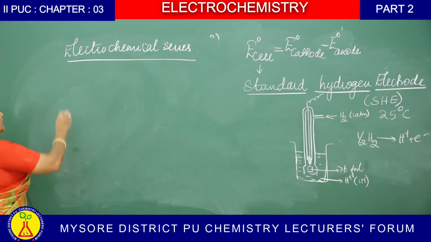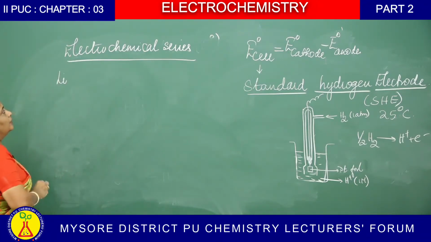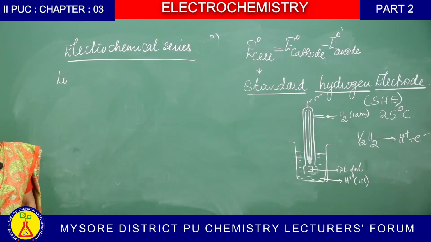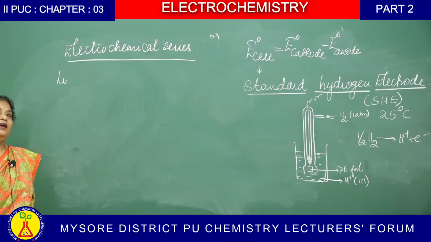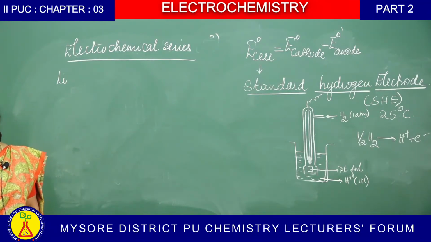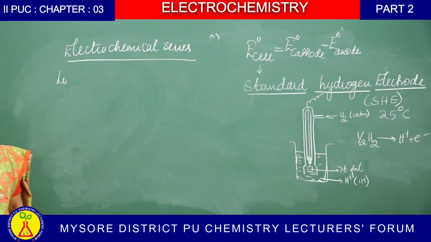Now, in the series, lithium occupies the topmost position, while fluorine occupies the bottommost position. Because lithium occupies the topmost position, it is a good reducing agent. Its value is going to be negative, while as we go down the series, the values keep increasing and become more and more positive.